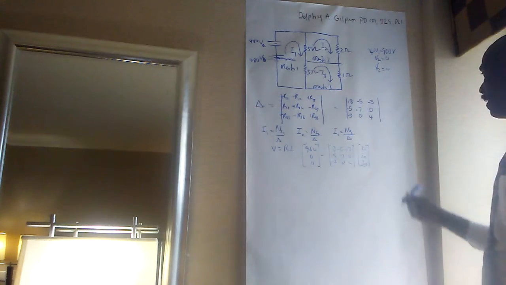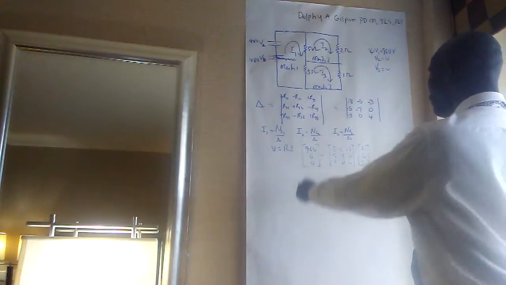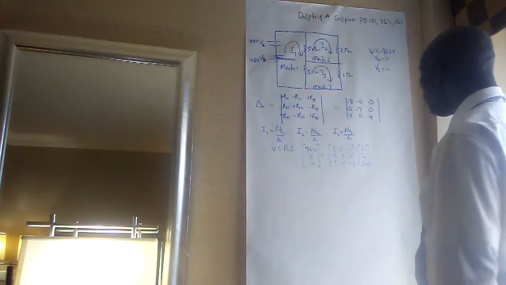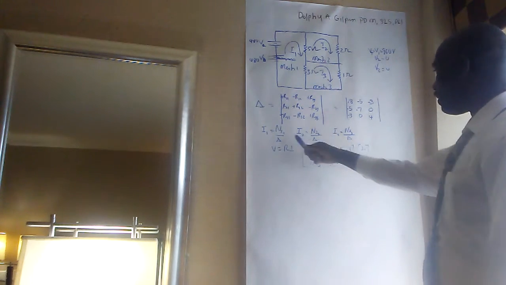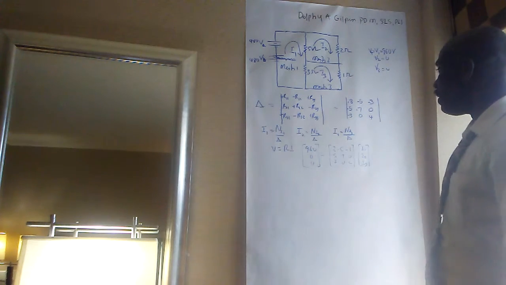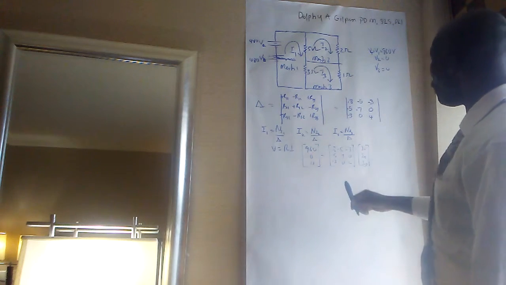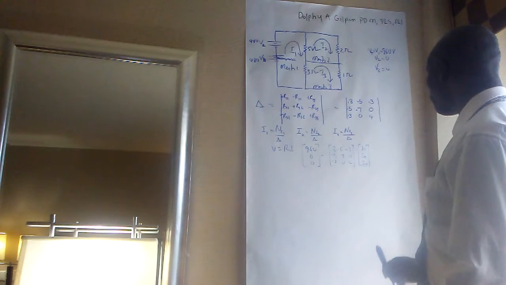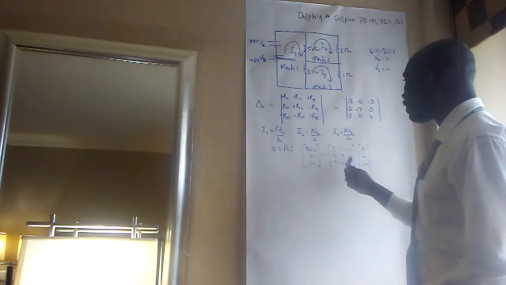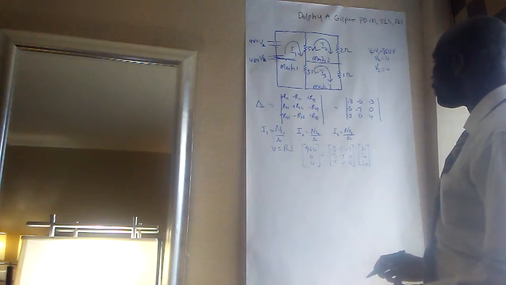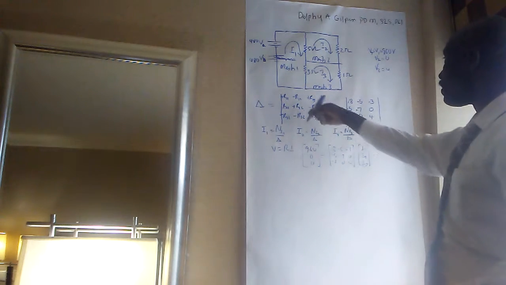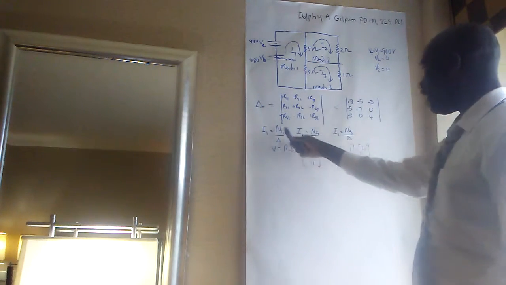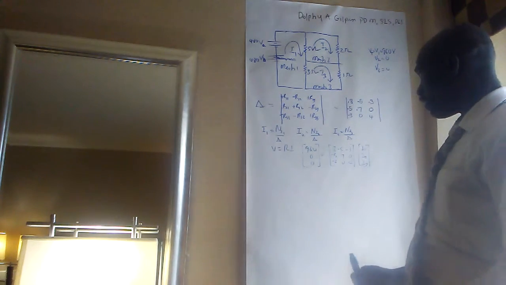I will take a break here, and as we come back, we will calculate the current and the numerator value by replacing the voltage in the corresponding columns. So as we return, we'll continue to calculate delta, the determinant of the source matrix, which is this one, and subsequently the current.